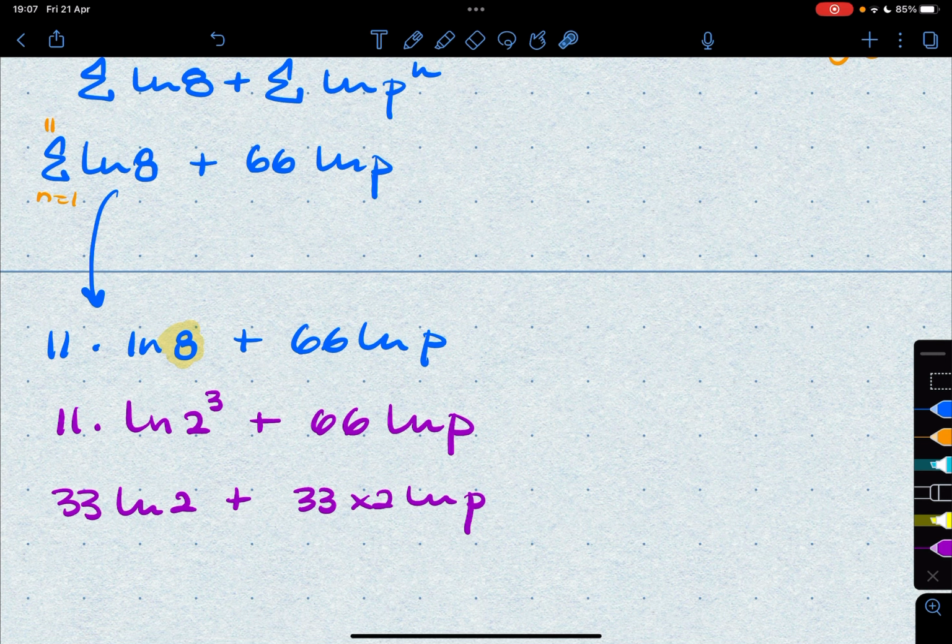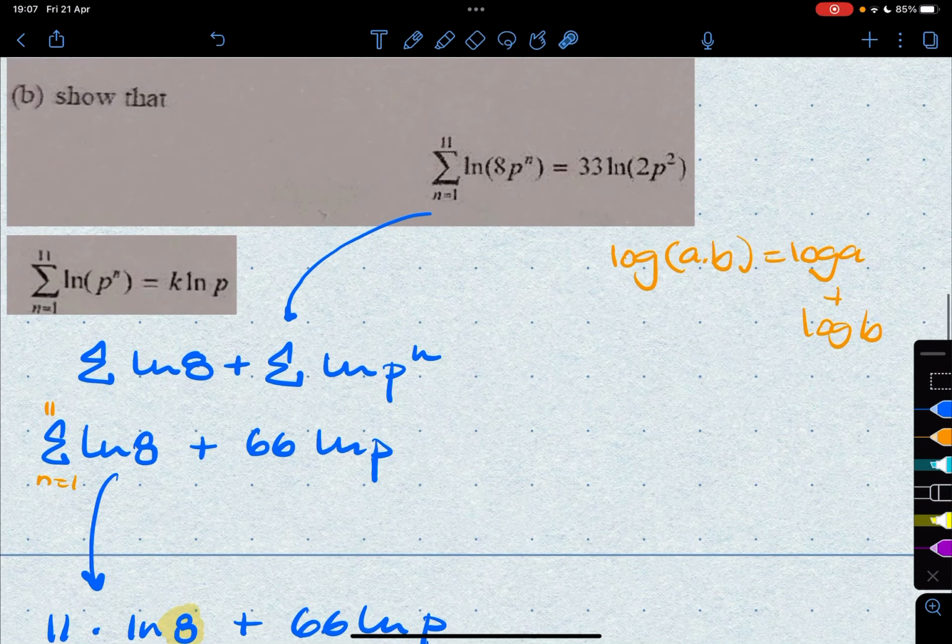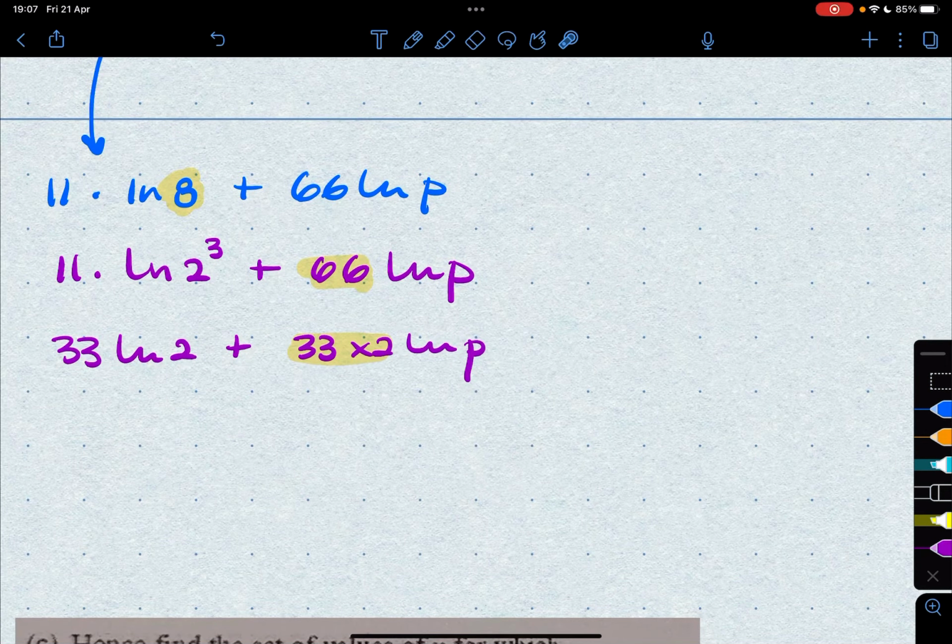So I rewrote the 66 as 33 times 2 so that I can get this up there, and then you've got 33 common, because the question does suggest that we need a 33 and a 2, or a power 2.